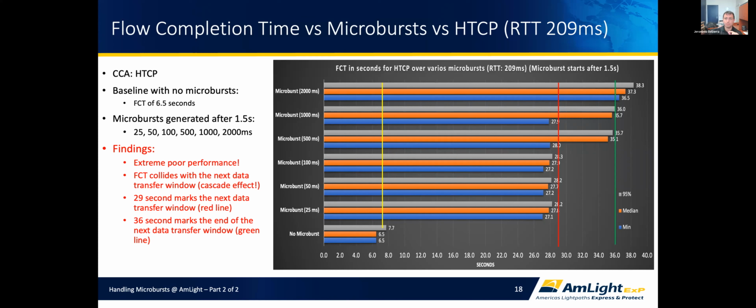Or is it just going to affect 2 or 3 data transfers, but then it gets handled later? This is the kind of concern that I have now after looking at those results, because HTCP is the standard approach for the DTNs today.